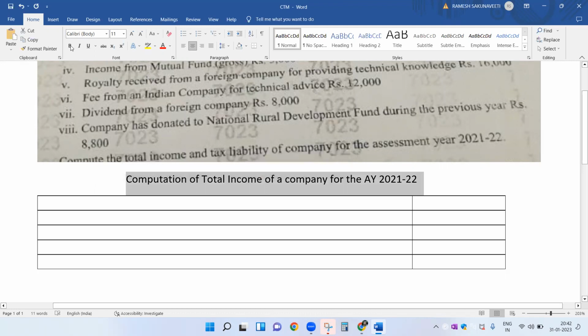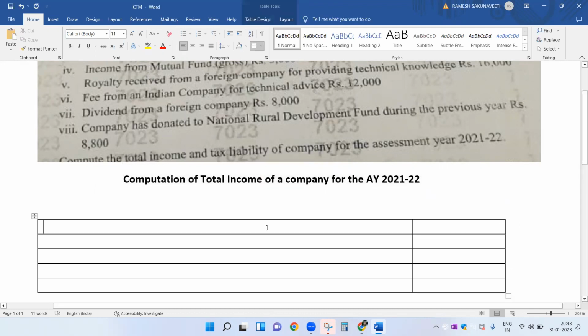So that only I am solving now. Okay. So first here you have to write particulars. And here you have to write amount rupees. These two columns you write, and we will solve it directly.